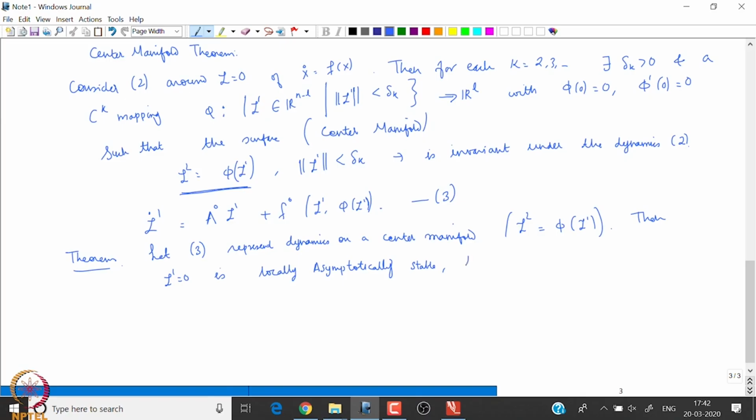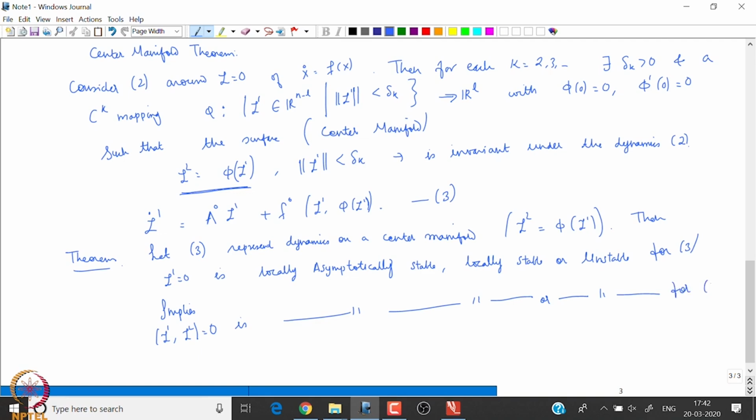or just stable or unstable for 3 implies that Z1 Z2 equal to 0, the equilibrium of the original system is the same, locally asymptotically stable, locally stable or unstable, right, for 2.